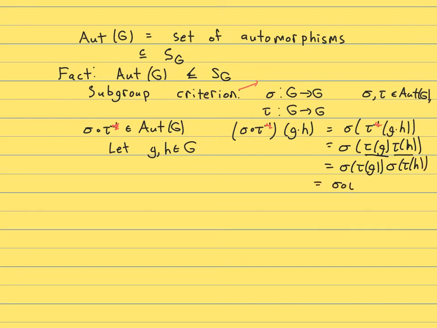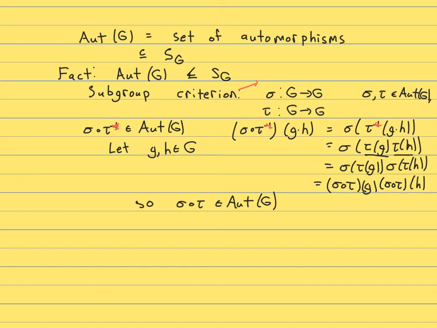And now I get function composition. So at the very least, I managed to get the function composition to be an automorphism. Wasn't quite what we were looking for, but that's okay. Sometimes that happens.